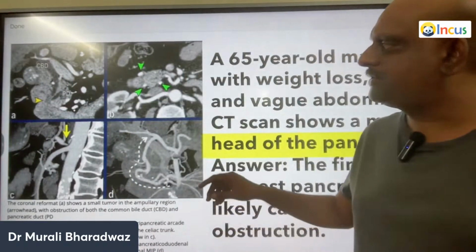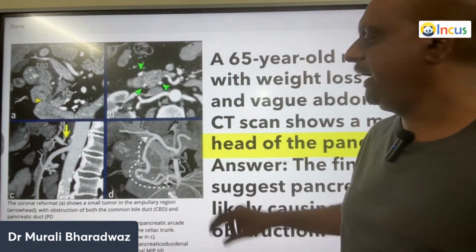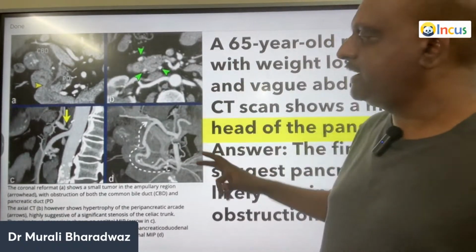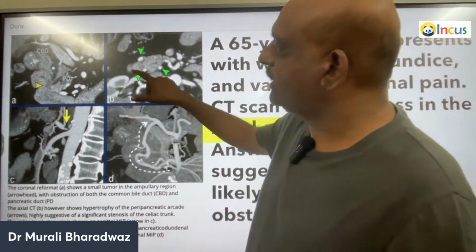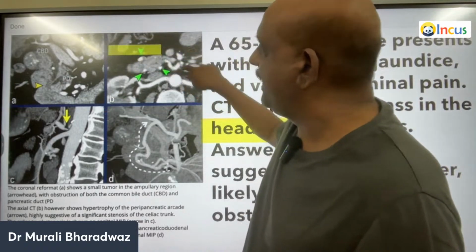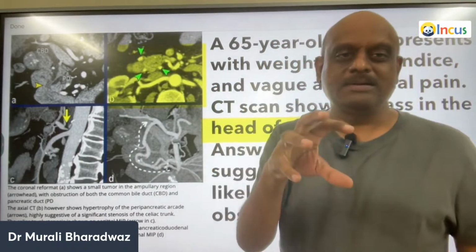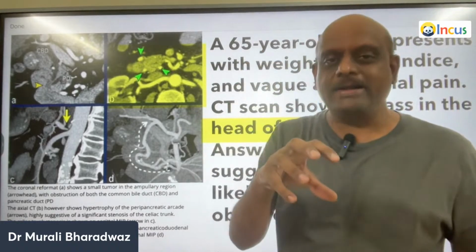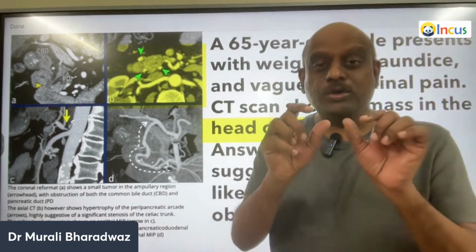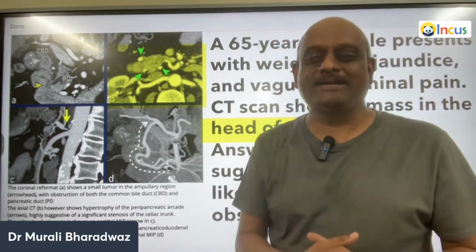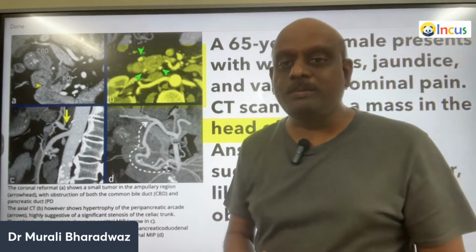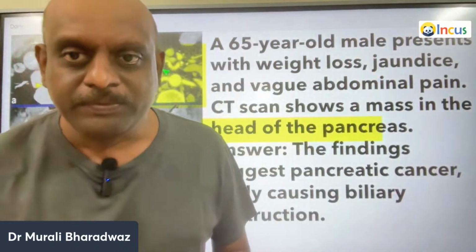The head of the pancreas mass is causing a compression of the pancreatic duct and also the bile duct. So you get a double duct dilatation whenever a pancreatic head tumor is there, is what you need to remember.